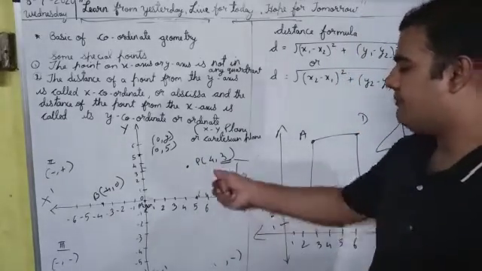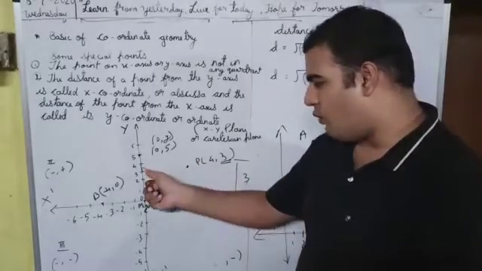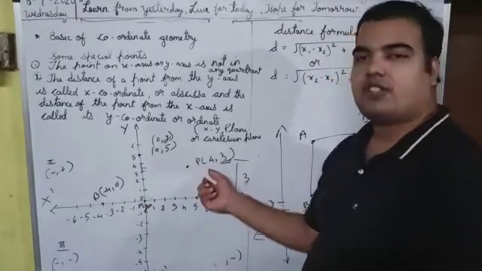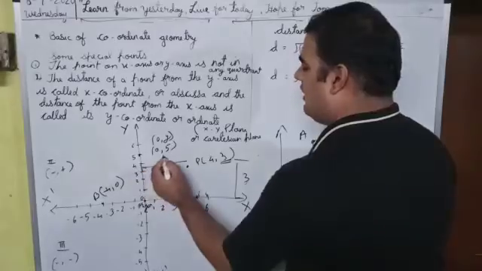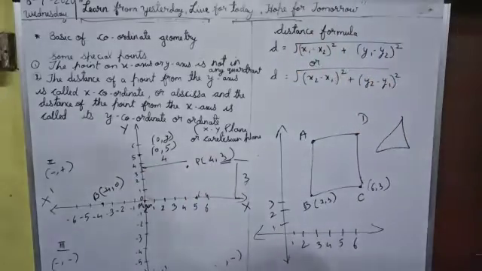Then the distance of point P from the y-axis will be its x coordinate, which is 4. So this only we are going to use in the distance formula to prove it, and also the Pythagoras theorem. So in the next video we will see the distance formula, how it is derived.